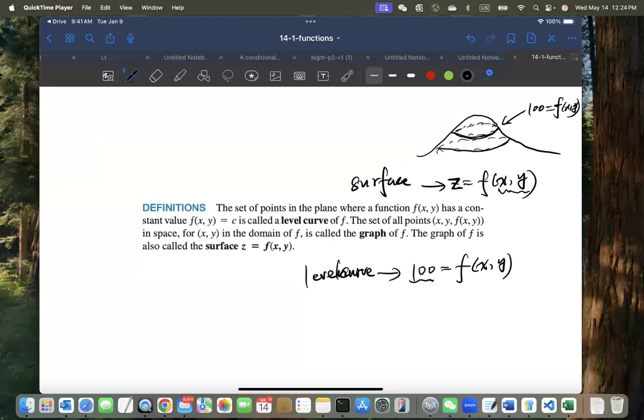This hiking trail, at a constant level 100, is a curve, not a surface. It's just a curve, and the surface is the whole mountain. And the surface is also called, in this case, the graph.